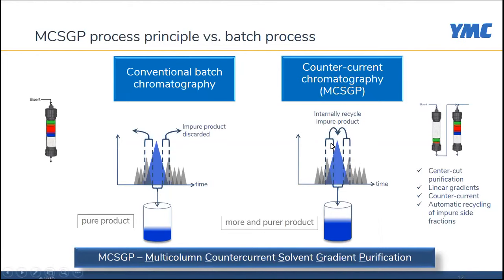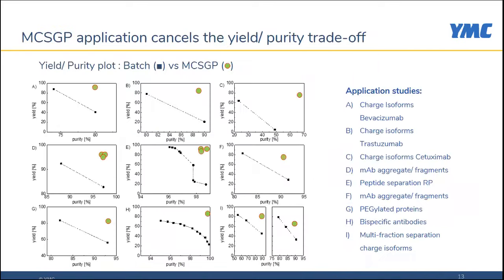We can also apply an internal linear gradient or gradient formation in the elution. And again, this is an automated process where it does not need any interaction of an operator to proceed in the process. It's all programmed, as you will see later in the presentation.